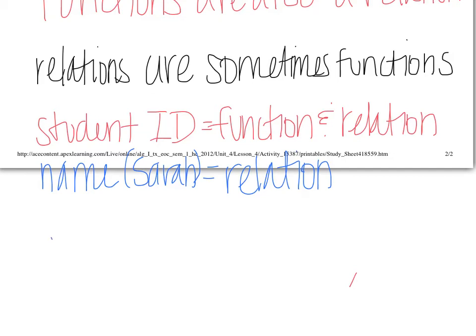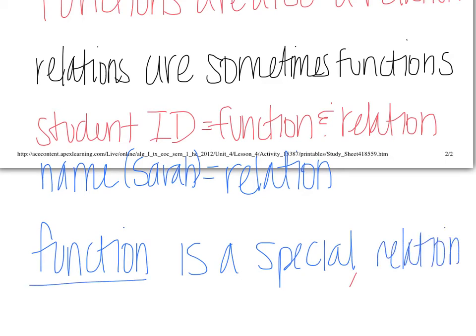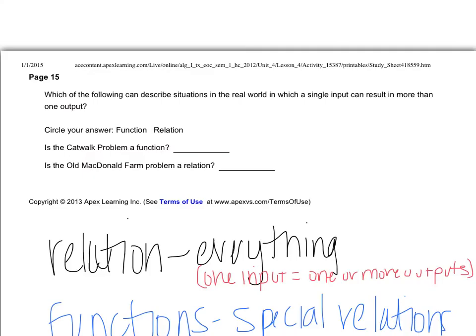So in other words, a function is a special relation. You need to write all of this down that I've written on this page. A function is a special relation. So the catwalk problem is not a function, but it is a relation.